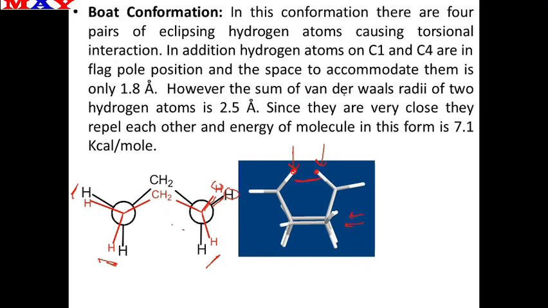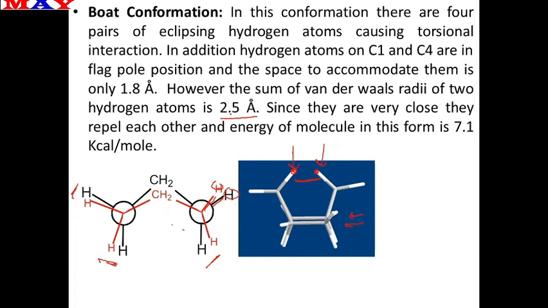However, the sum of van der Waals radii of two hydrogen atoms is 2.5 angstrom. It means that this is the minimum distance they can be brought together so that they will not have any repulsion between them.